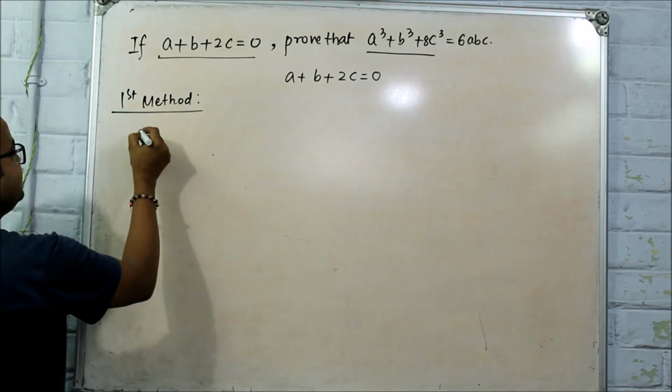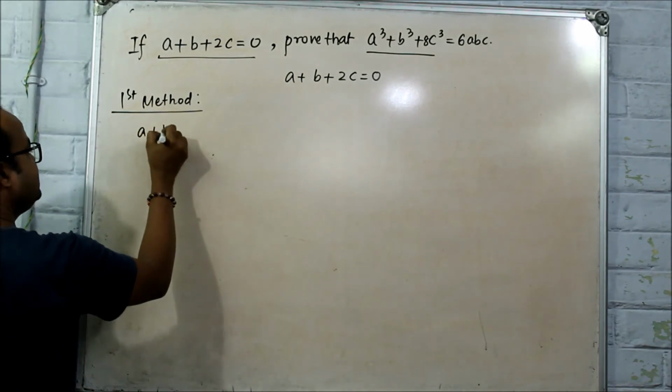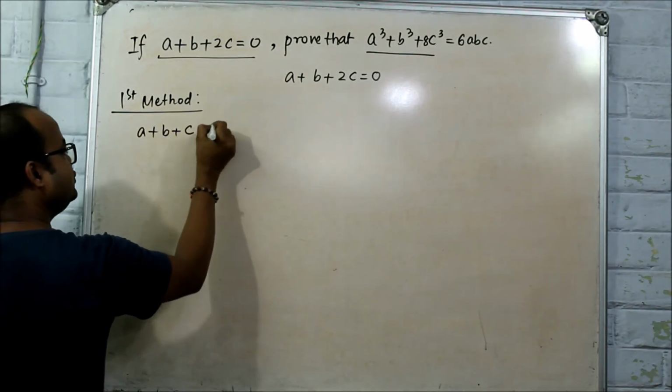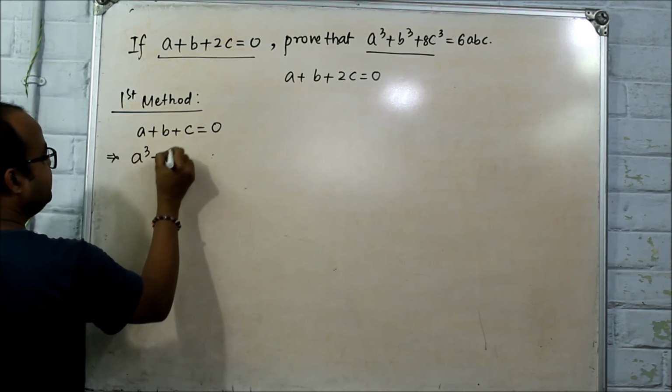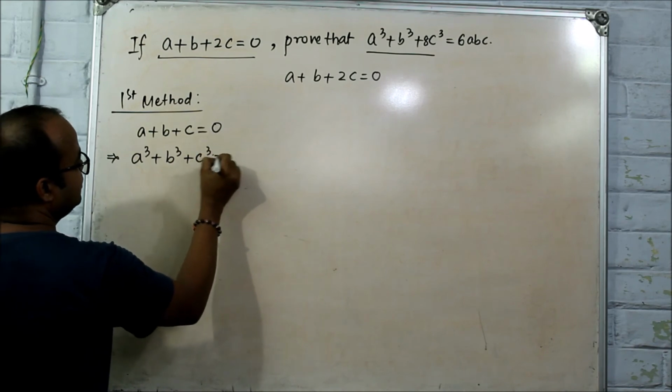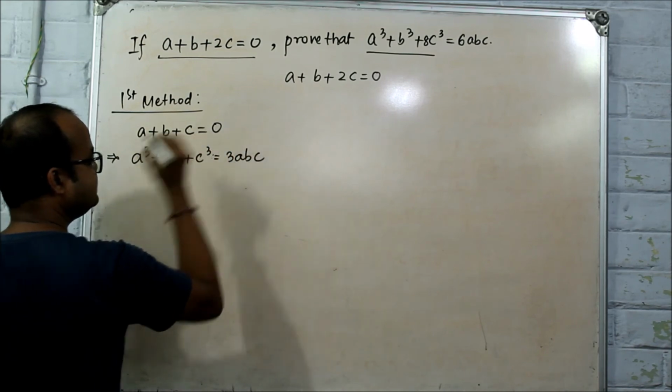we are going to use the formula that if a + b + c is equal to 0, it implies a³ + b³ + c³ is equal to 3abc.